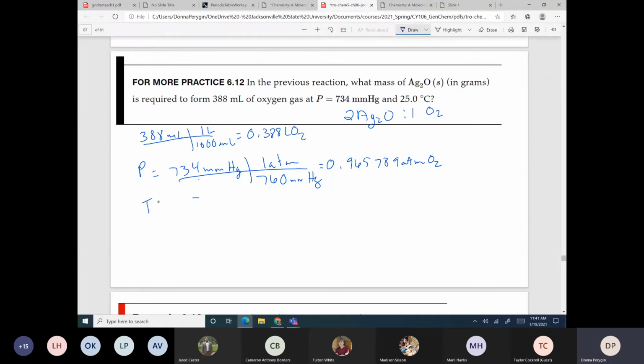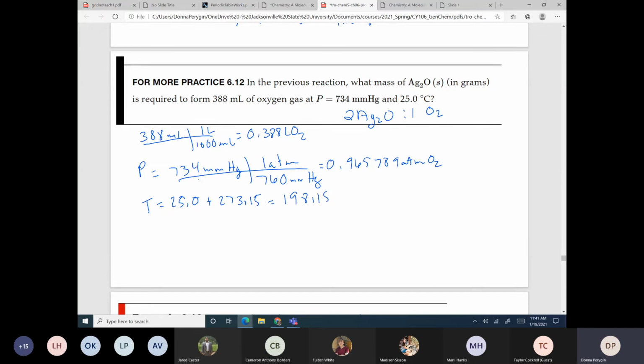All right, the temperature is equal to 25.0 plus 273.15, because we got to go to kelvins, is 298.15 Kelvin. And the volume, we already did volume. The volume is equal to that, right?